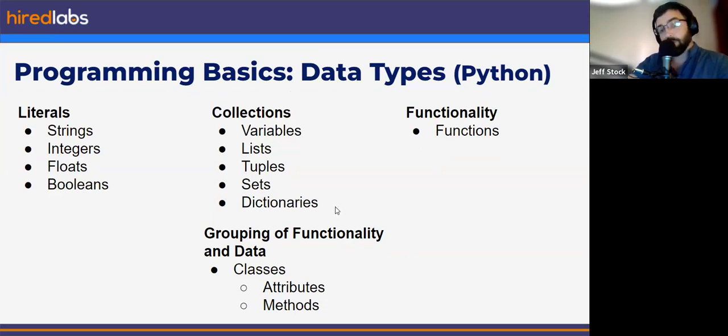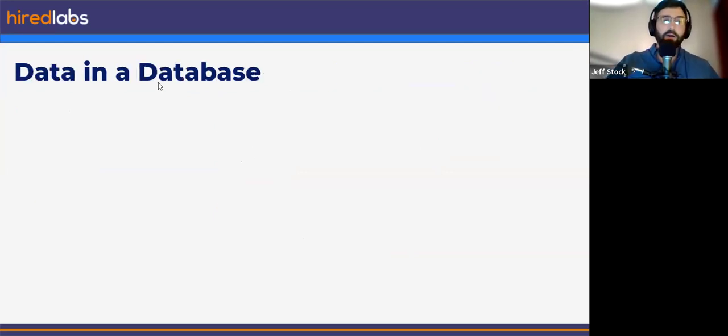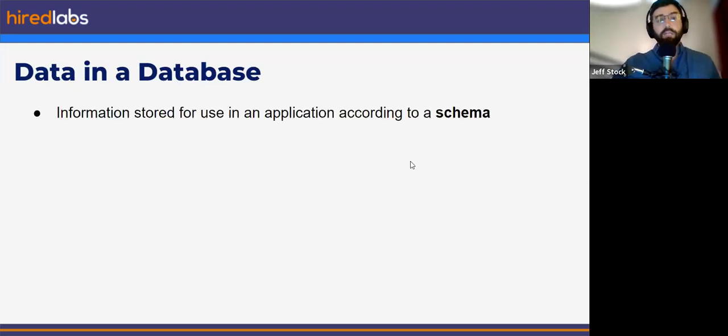So this is the second way we talked about data, right? The first way was binary. The second way was these data types. That's the focus review that we're going to go through for the concepts. Now today we're going to talk about data as it pertains to any database. That data is any information that's stored in an application according to a schema, or a map, a plan of how that data is supposed to look.